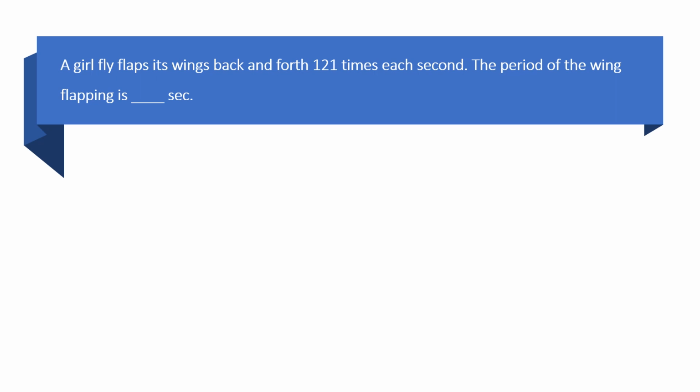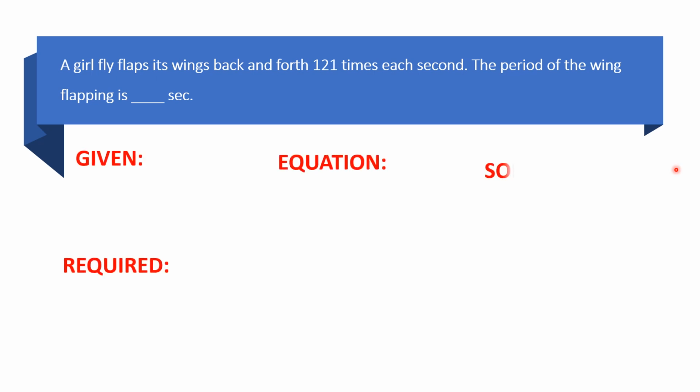Okay, let's start. Let us read it first. A fly flaps its wings back and forth 121 times each second. The period of the wing flapping will be, so that is the problem. So we have to find the given, the required, the equation, the solution, and the answer.